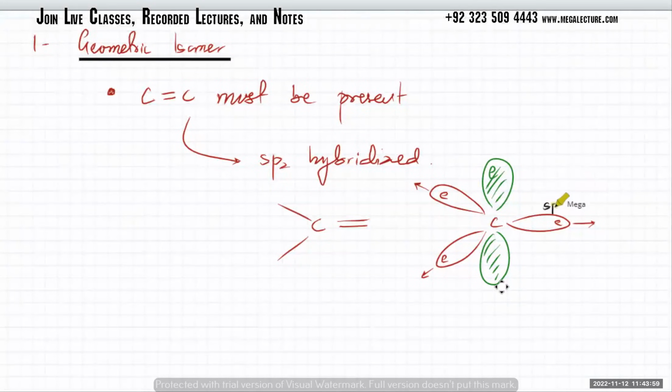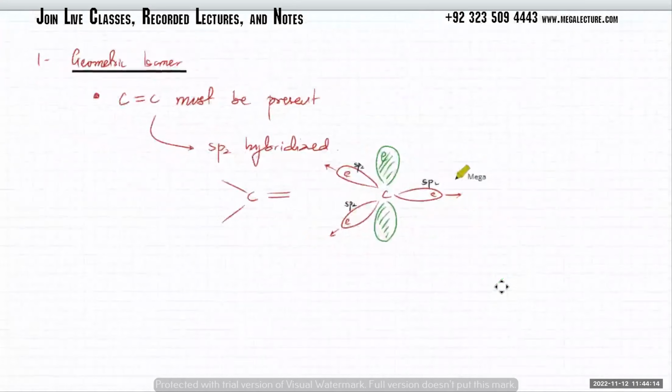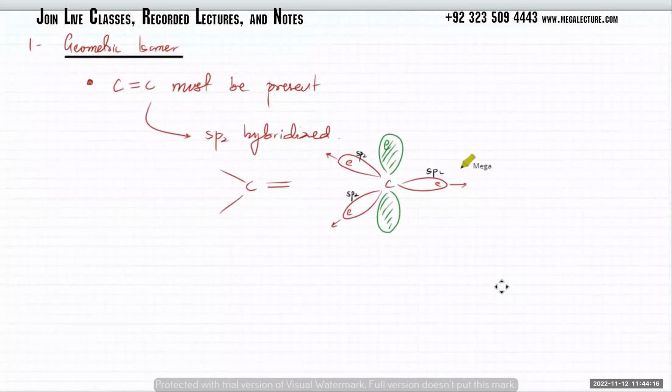So you've got sp2, another sp2, and another sp2 hybrid orbital. This is what carbon looks like. So for geometric isomerism to happen, the essential thing is carbon must be sp2 hybridized.